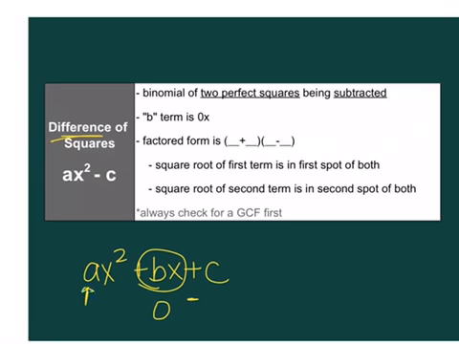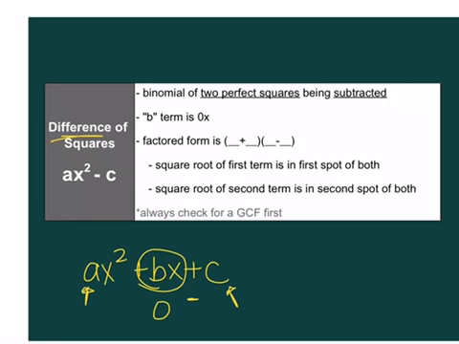Here's what we're looking for to tell if this is a difference of squares. Our a value and our c value in all of these special cases need to be perfect squares. What I mean is it needs to be a number times itself. So it could be 2 times 2, which means 4 is a perfect square, or 3 times 3, which means 9 is a perfect square. Basically, perfect squares are anything you can take the square root of.